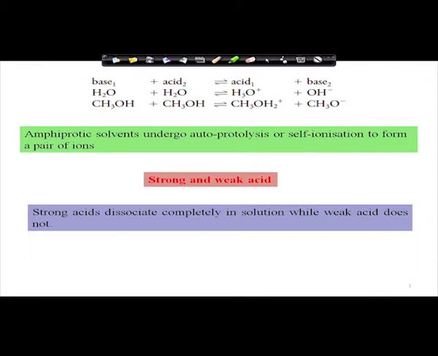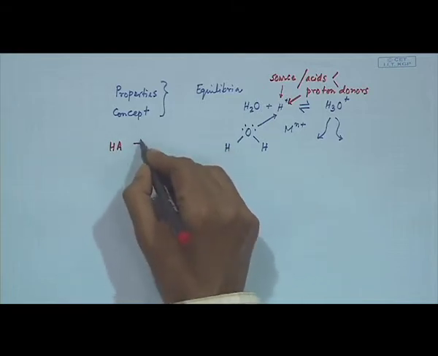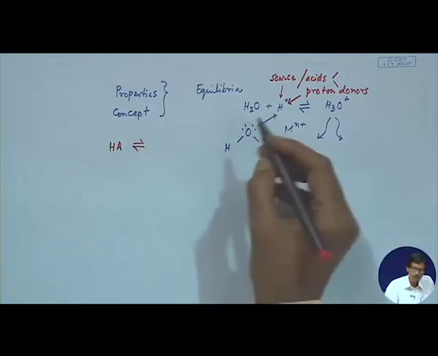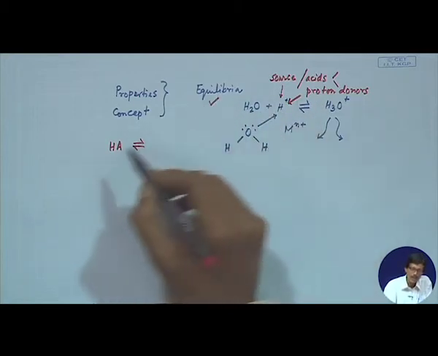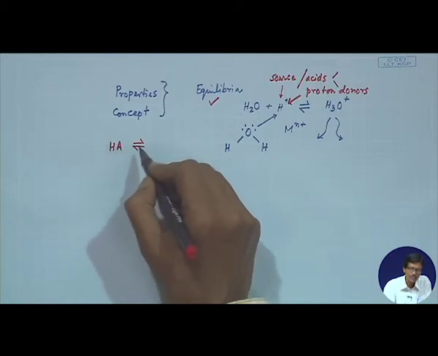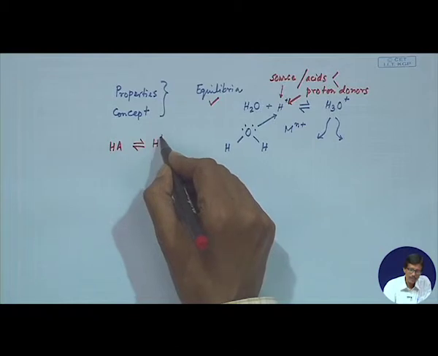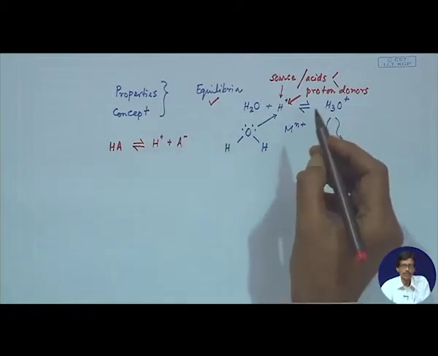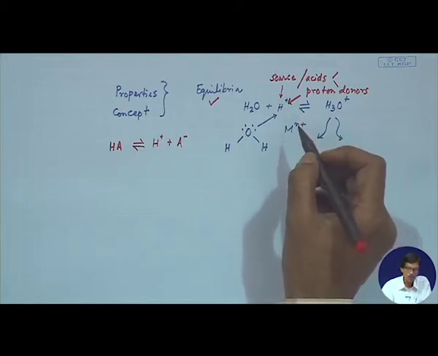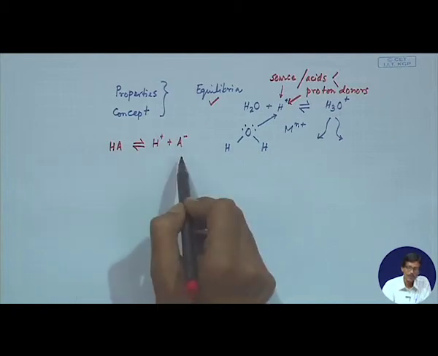So, if we have an acid HA, when we go for realizing the chemical equilibrium in terms of HA dissolved in aqueous medium, whether you will have dissociation like H plus and A minus, that we will try to see, and how far this equilibrium is going from left to right or from right to left.